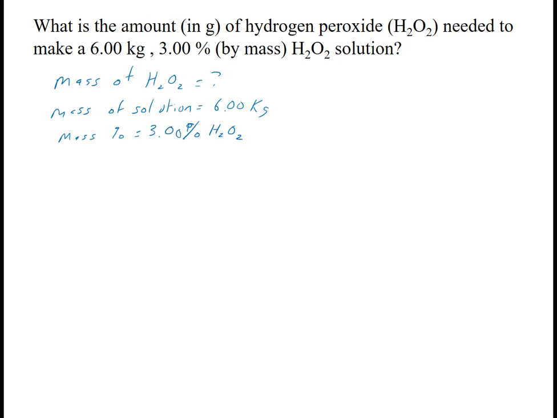So before I start this, since I want my answer in grams, I'm going to go ahead and change it here. I could do the math and then change it. It doesn't really matter. It's multiplying by 1,000 or moving the decimal place 3 to the right, but it's 1,000 grams of solution.